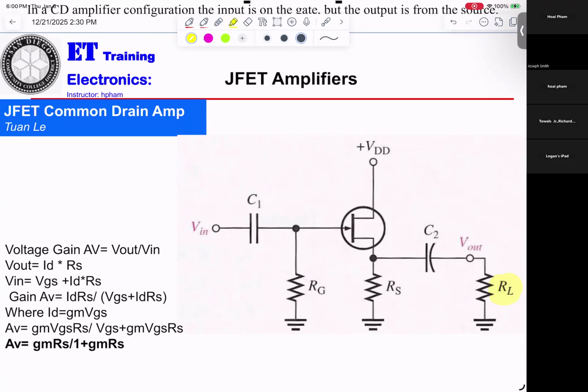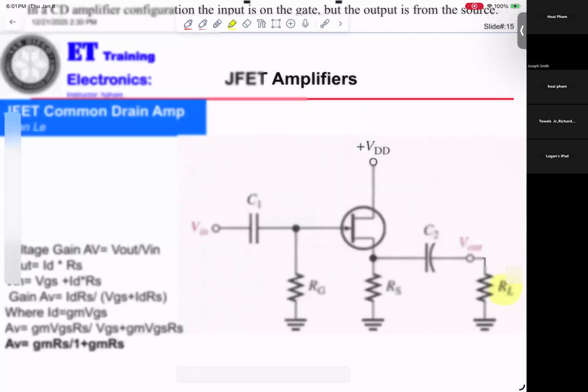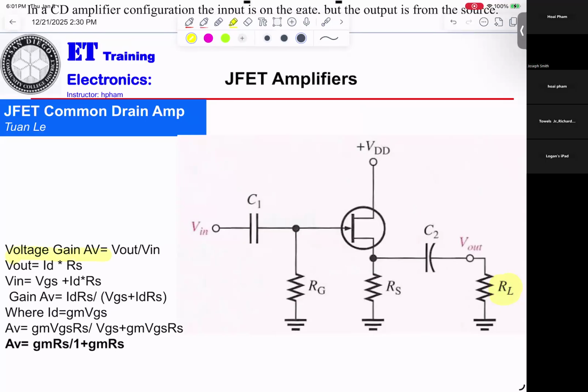And what is the V in and the V out? What is the input impedance, output impedance? Okay? In here, they gave you the formula. Voltage gain is V out divided by V in.